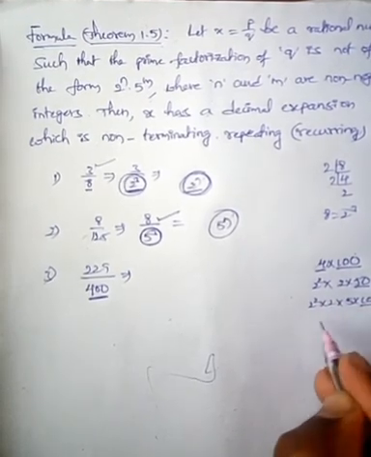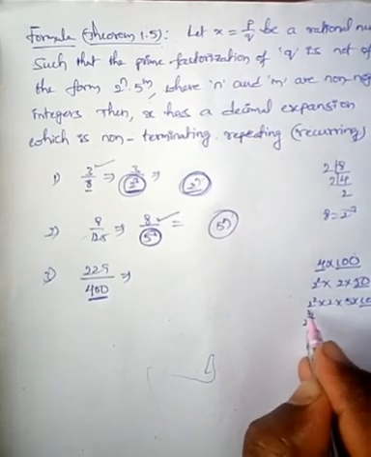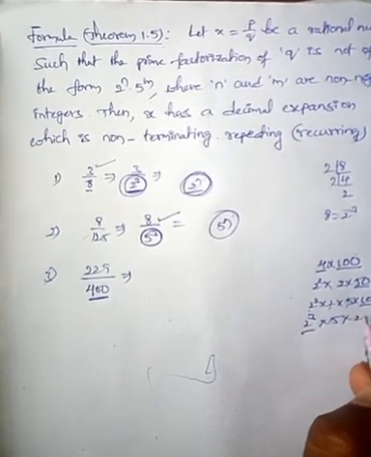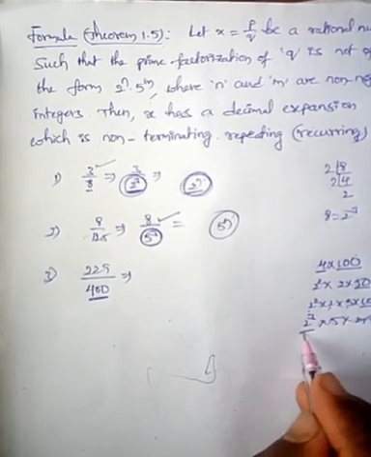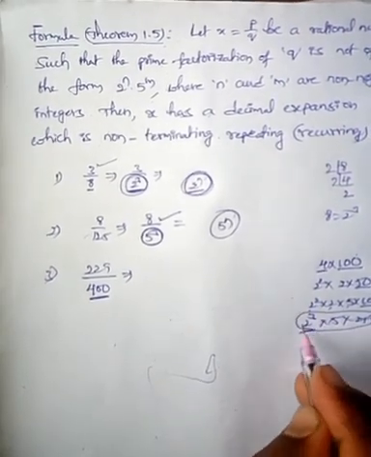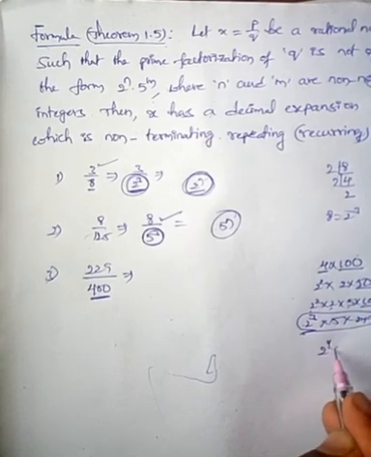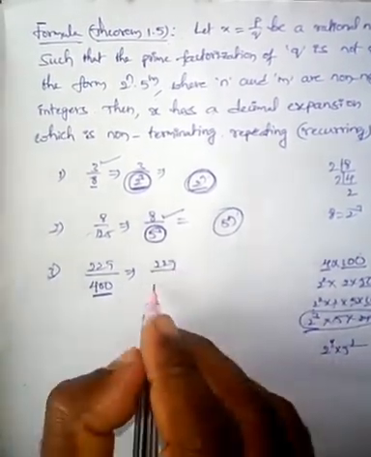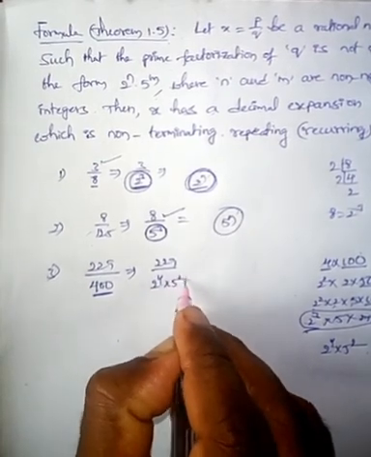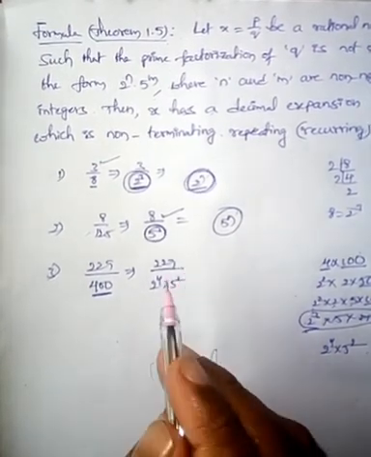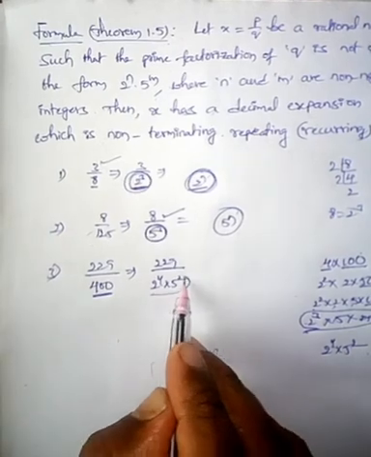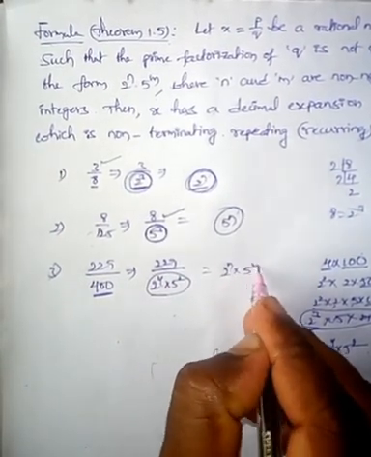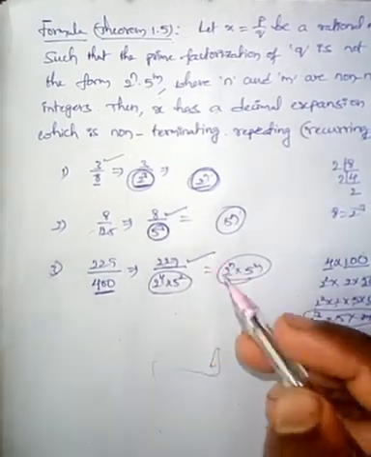Again we can express 10 as 2 into 5. So the prime factorization of 400 is 2 cube into 2, that is 2 power 4 into 5 square. So that is 229 by 2 power 4 into 5 square. Here the prime factorization of the denominator is in the form of 2 power n into 5 power m. So this is also a terminating decimal.